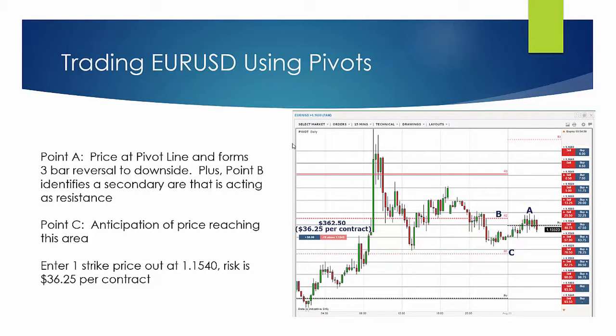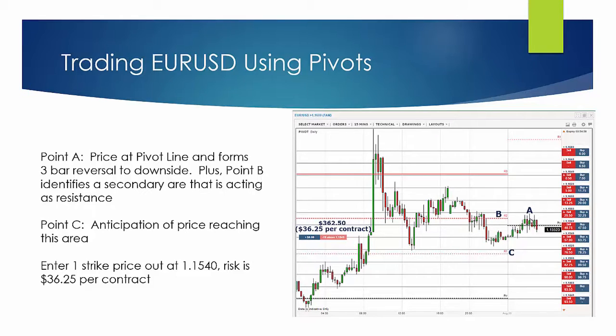This is one on the Euro US dollar. You can see the pivot line is here, and at point A, we have made a high. The next bar closes down, lower than the previous bar, and point A is higher than the bar prior to it. I would also notice that the prior day had resistance in that area as well.